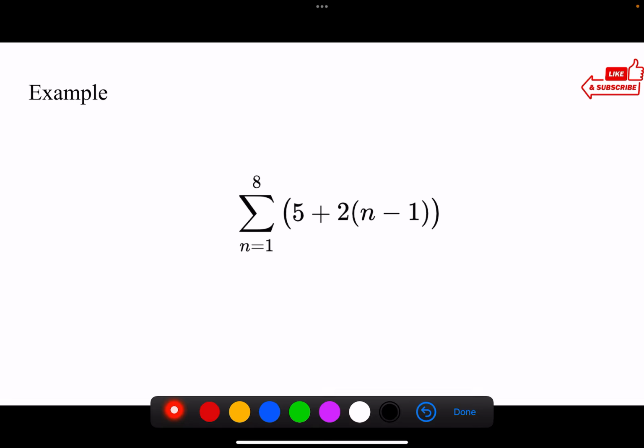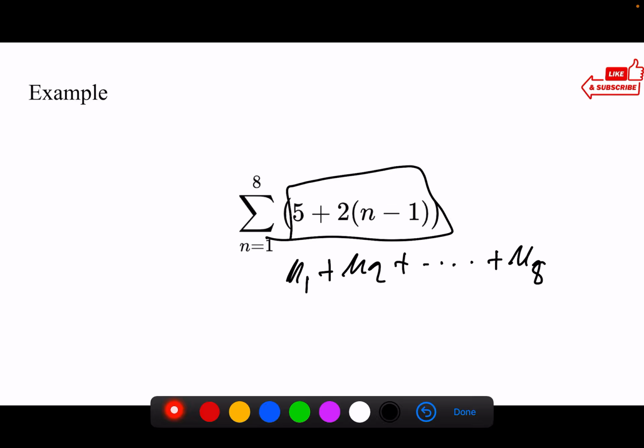So for example, say you have the sum from n equals 1 to 8 of 5 plus 2 times n minus 1. So what this is telling you is to sum all the terms from u1 to u8. This gives you the formula for how to find each term. So to find u1, that would be 5 plus 2 times 1 minus 1.